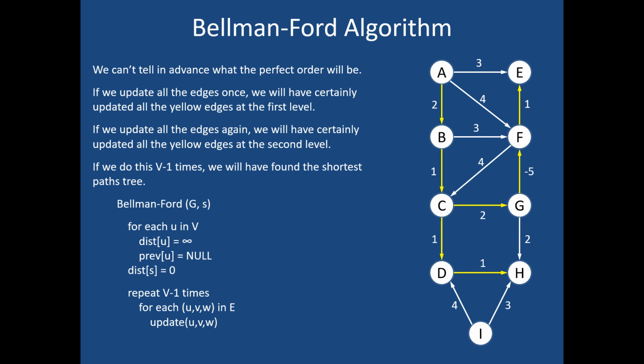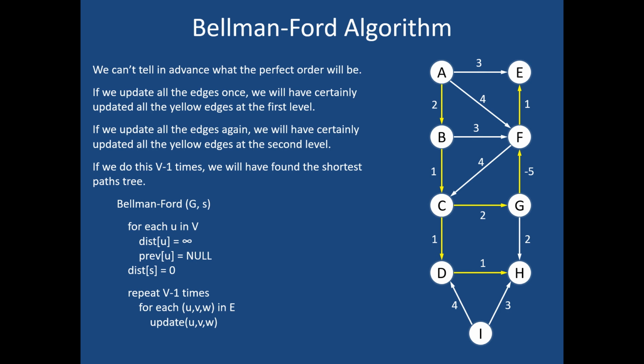Yeah, there are a lot of real-world situations that don't have negative edges. That is true. If you're trying to find the shortest distance between two cities, you're not going to get negative distances. But there are situations where you're going to have negative edges, and this is the most general algorithm that will solve under the assumption that there are no net negative costs.